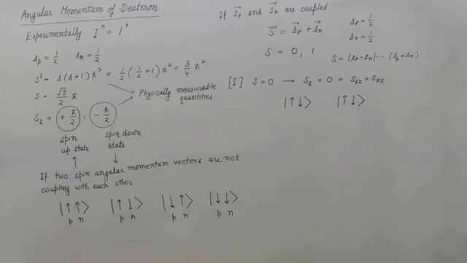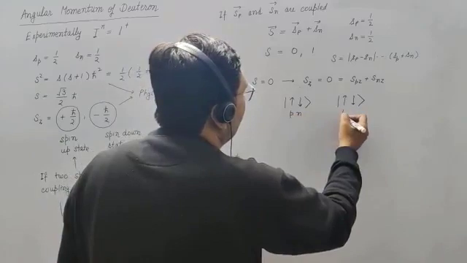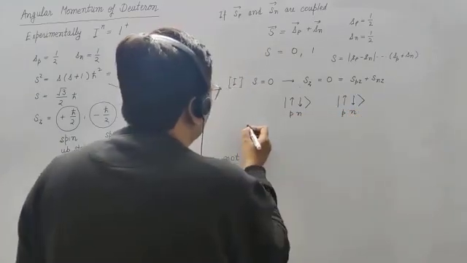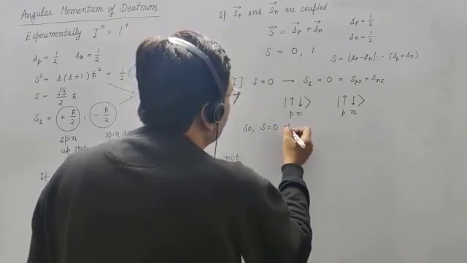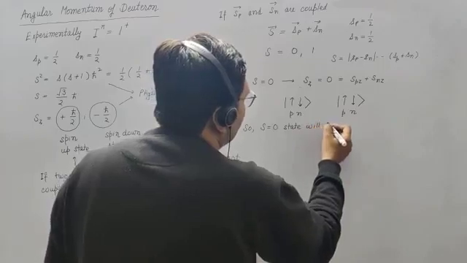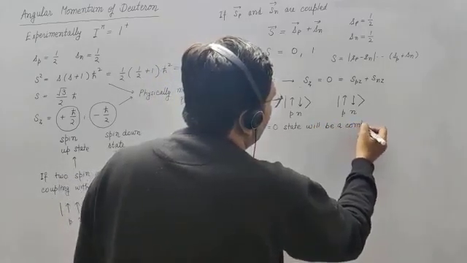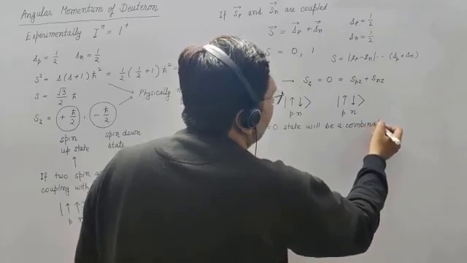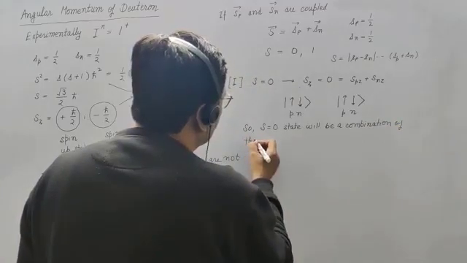This will be satisfied only when we have these positions of the proton and neutron. So basically S equal to 0 state will be a combination of these two states.